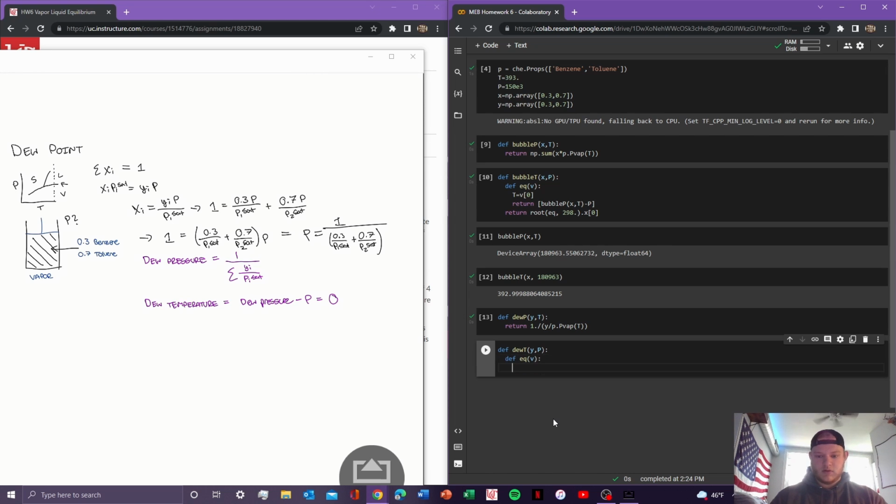Make this one v again. T equals v, 0, and v is 0. Return. We want to return the dew pressure minus P. And then the same thing, we need to use the root solver.